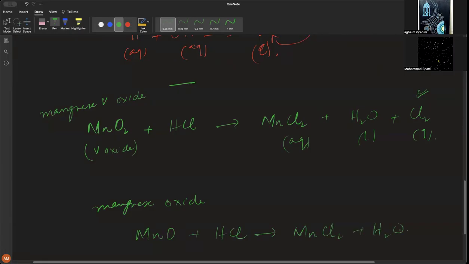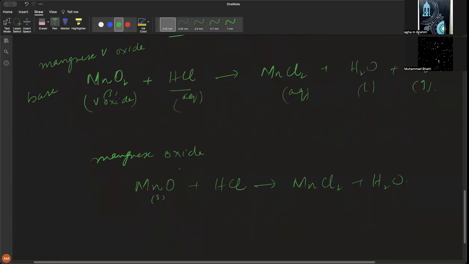Even though both of them are bases, all metal oxides are bases, solid. But still, a base reacting with dilute aqueous hydrochloric acid was not called a neutralization reaction. This is what I want to point out over here.